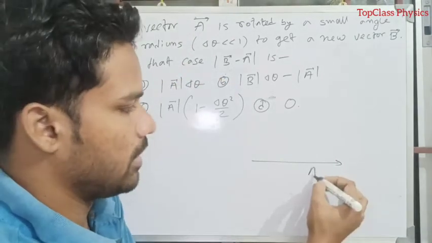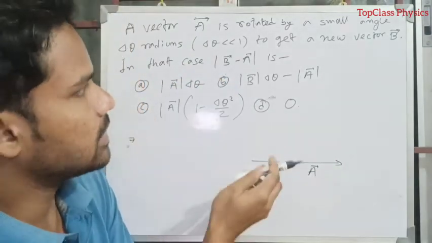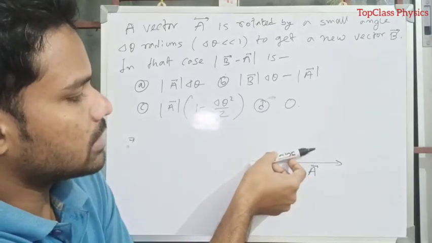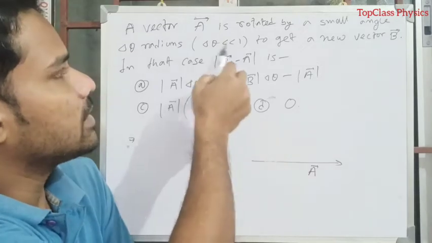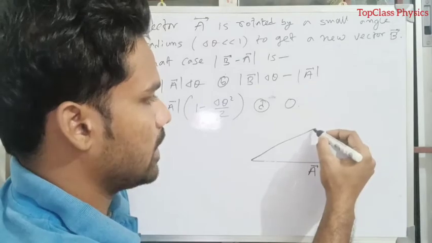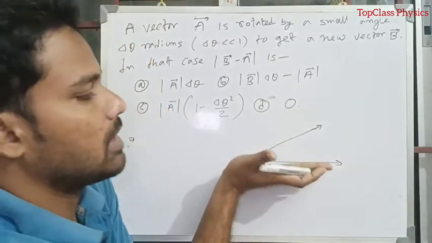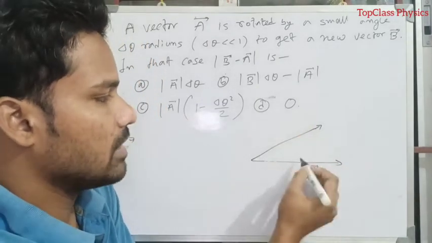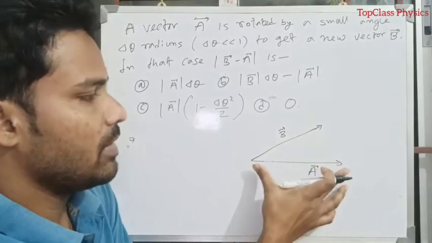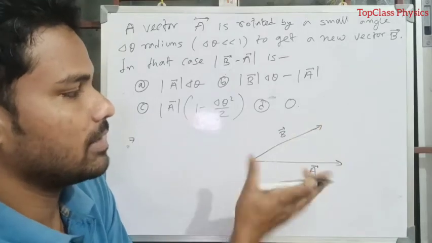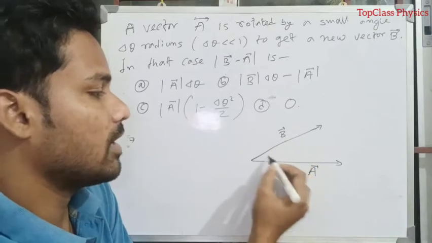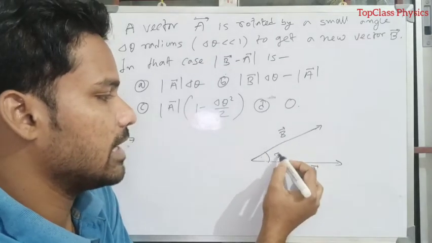Vector A is just rotated by a very small angle, del theta, which is very much less than 1. Suppose this is the B vector, also a vector but just rotated, and this angle is del theta.